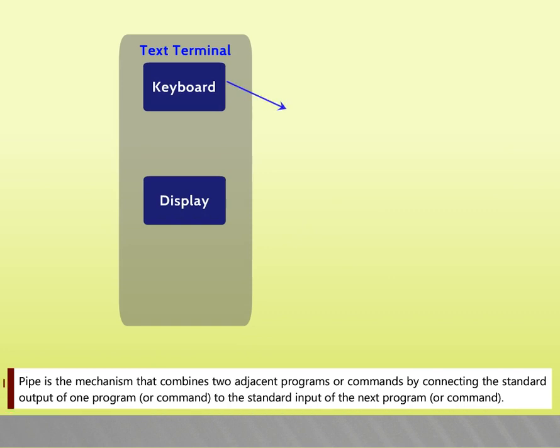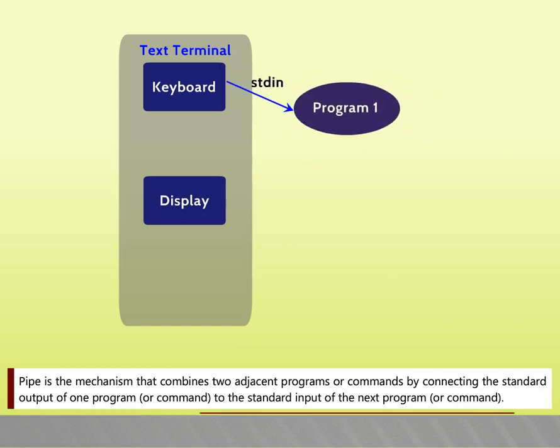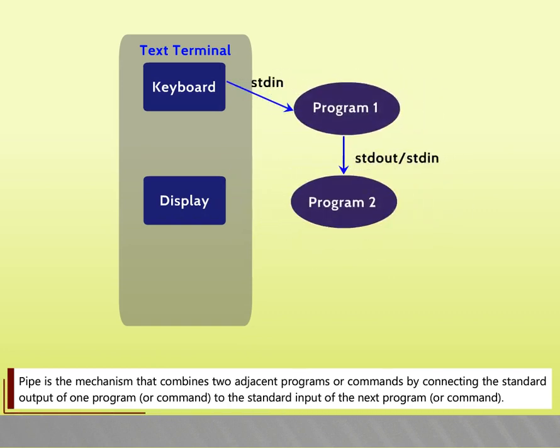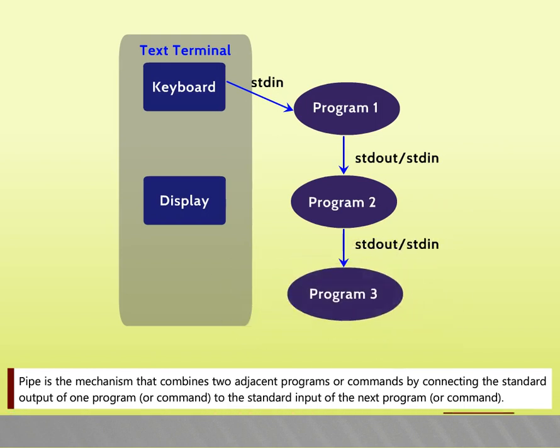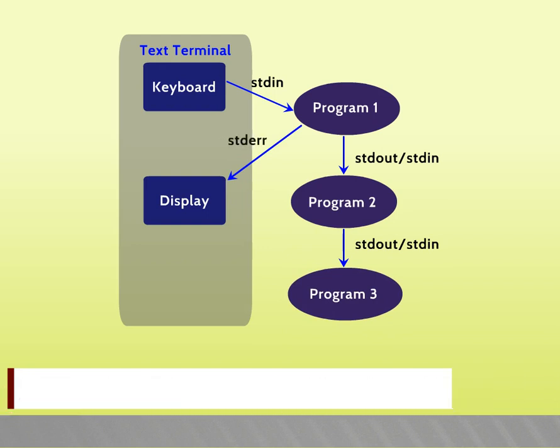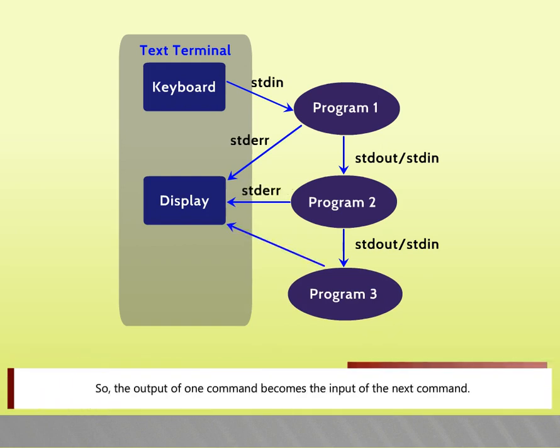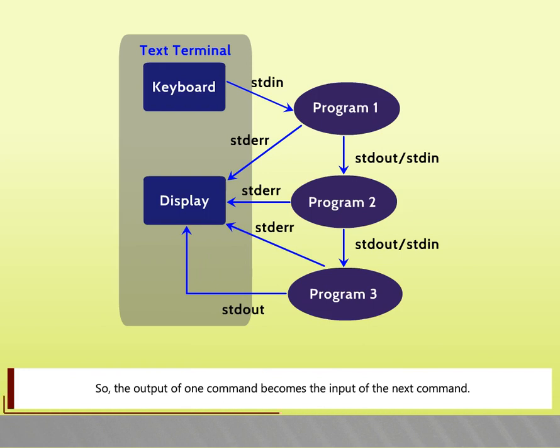Pipe is a mechanism that combines two adjacent programs or commands by connecting the standard output of one program or command to the standard input of the next program or command. So, the output of one command becomes the input of the next command.